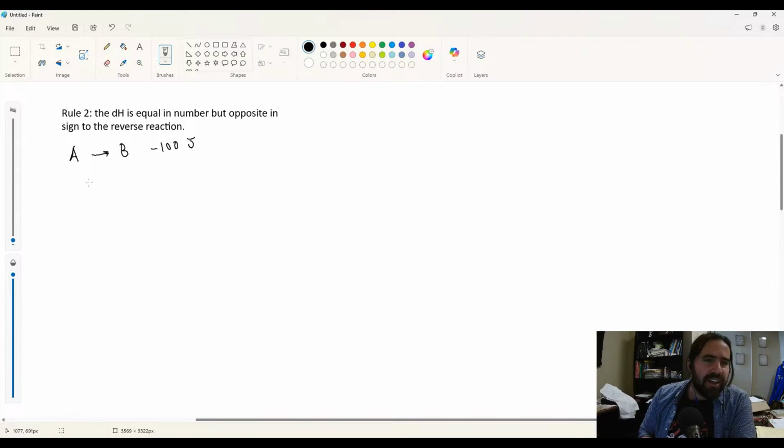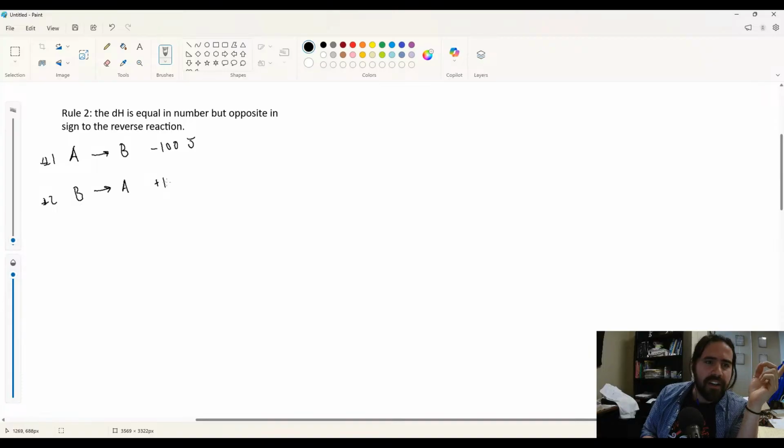Now let's say I'm sick of B. I want to go back to A. I go from B back to A. This equation, number 2, is the exact same equation as number 1, right? It's just reversed. But since doing equation 1 releases energy, then doing equation 1 in reverse should absorb energy, right?